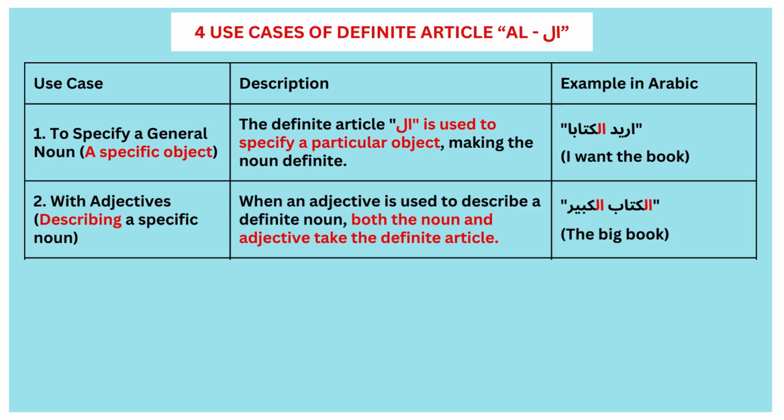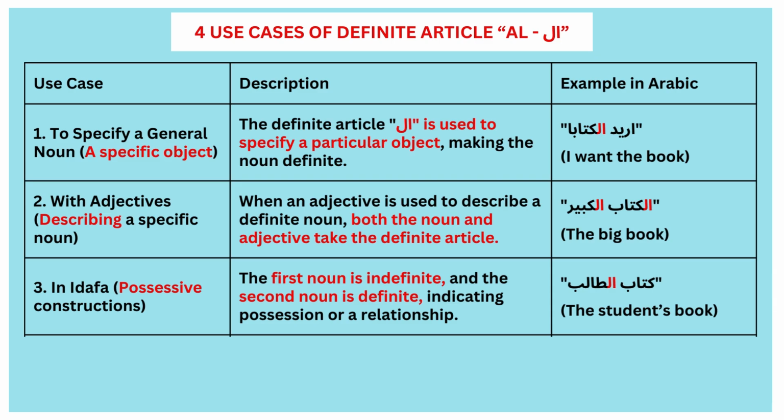The second use case, we use it to describe a noun. So for describing, we need an adjective. And this adjective would be same as the noun form. If it's an indefinite noun, the adjective would be indefinite. If it's definite noun, the adjective would be definite. Example, Al-Kitab al-Kabir, the big book.